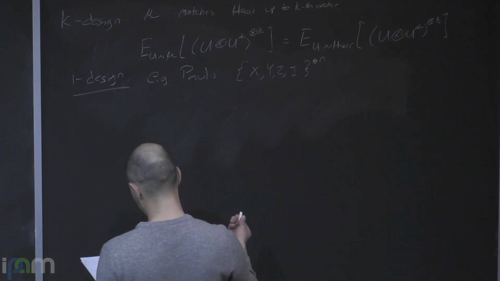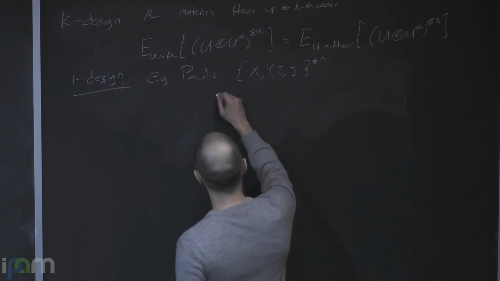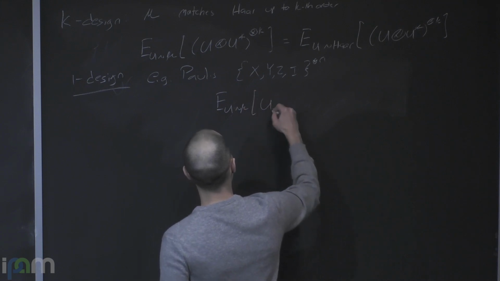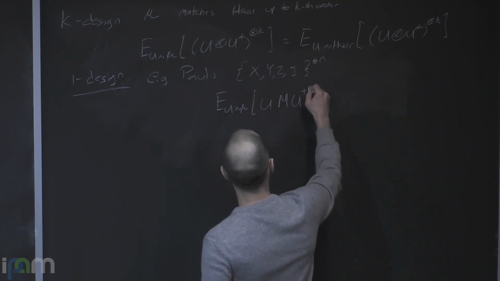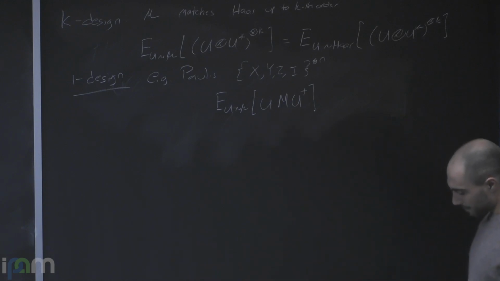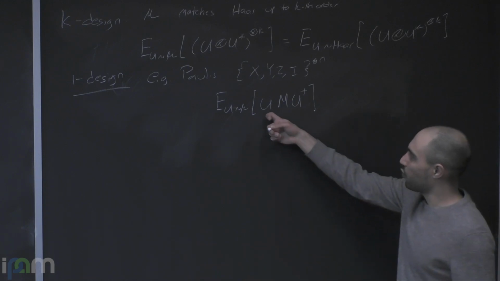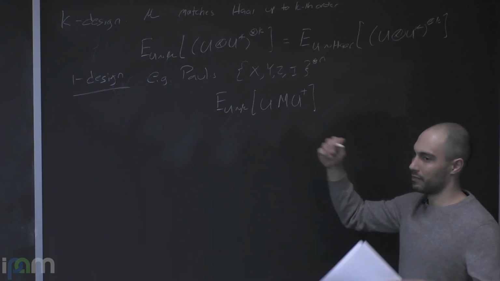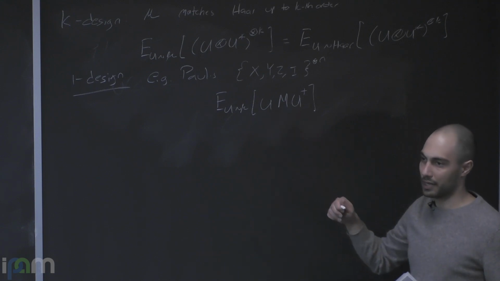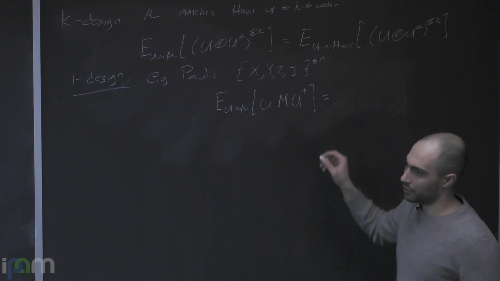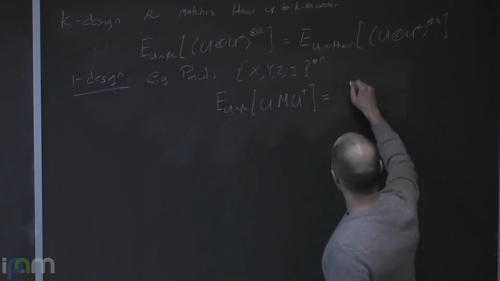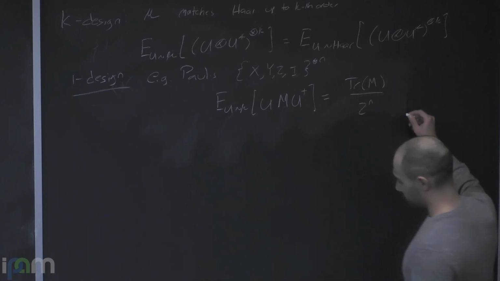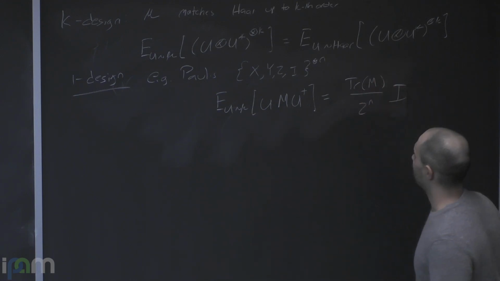And another way of writing this is E. If I have any matrix U, this is kind of like twirling it. It's saying take the average of the matrix where I randomly rotate the left and right by some unitary. This is often called the twirling operation. This always equals trace M over 2 to the n times the identity matrix.